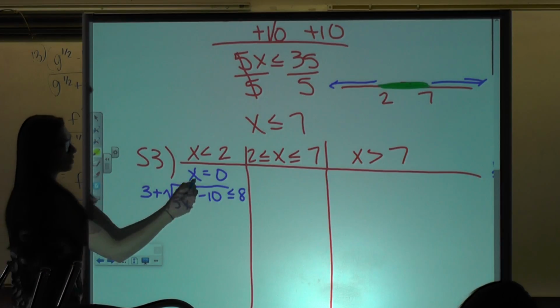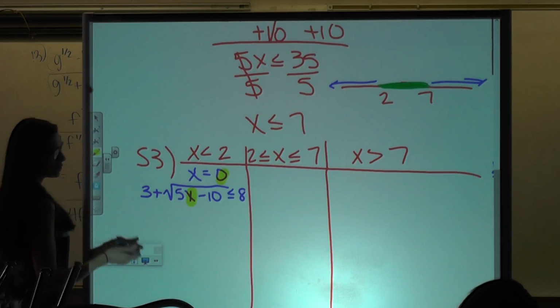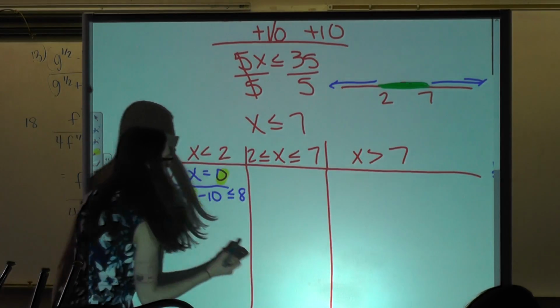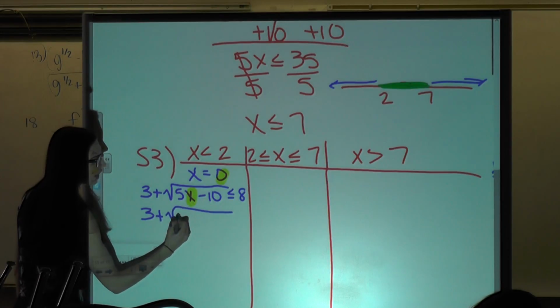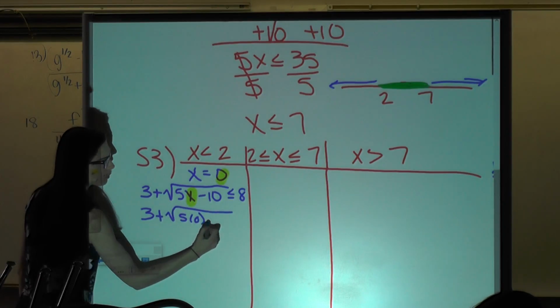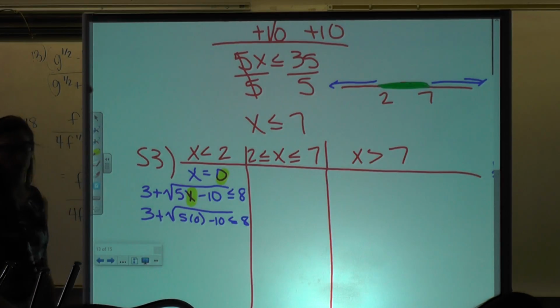Where you see your x, you're plugging in 0, so you have 3 plus the square root of 5 times 0 minus 10 is less than or equal to 8.